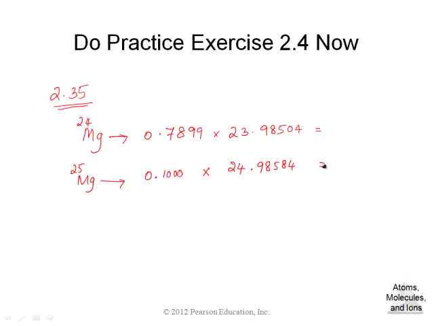Again, you can finish the math. Abundance for the next one, 11.01. So that becomes 0.1101. Multiply that by its atomic mass, 25.98259. Okay, now can someone give me the numbers you get here?